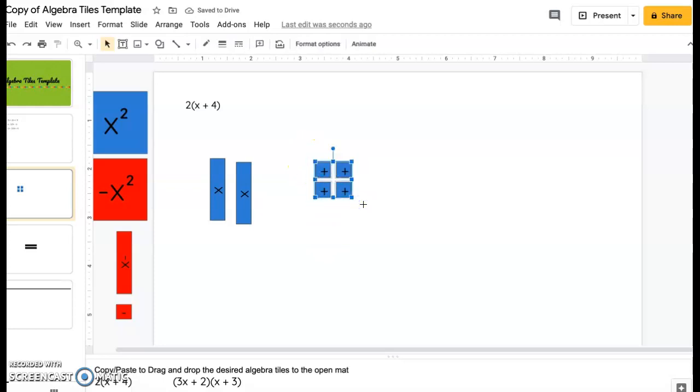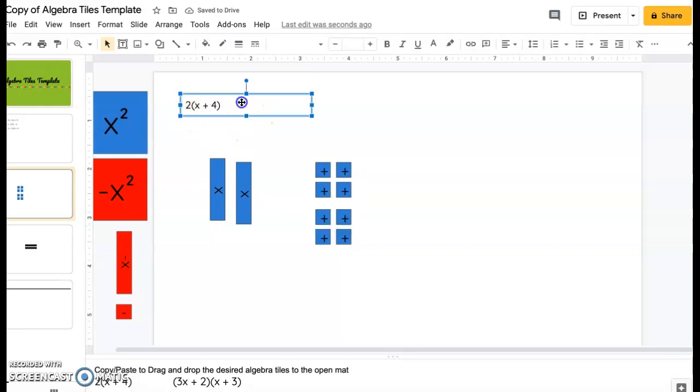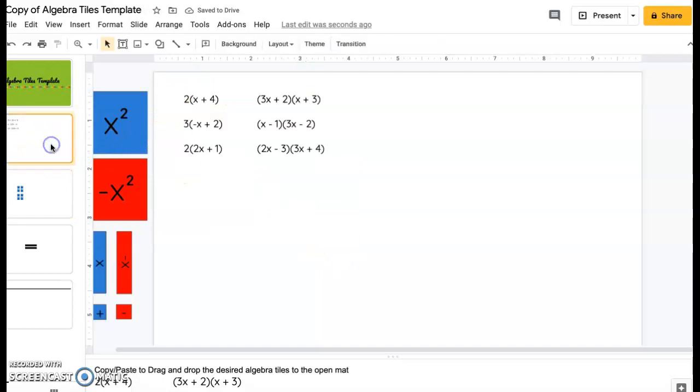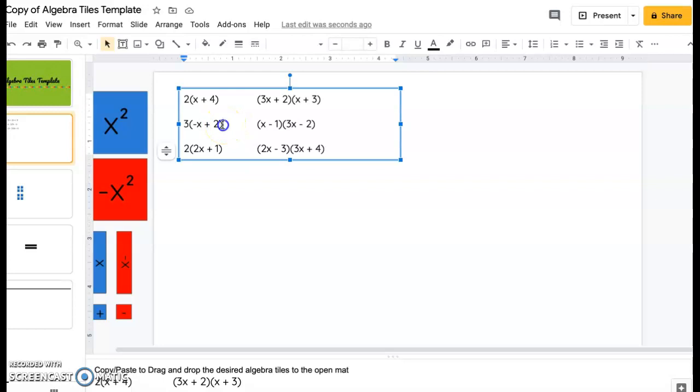And then there, we have now made two groups of 4. So this makes for us 2x plus 8.